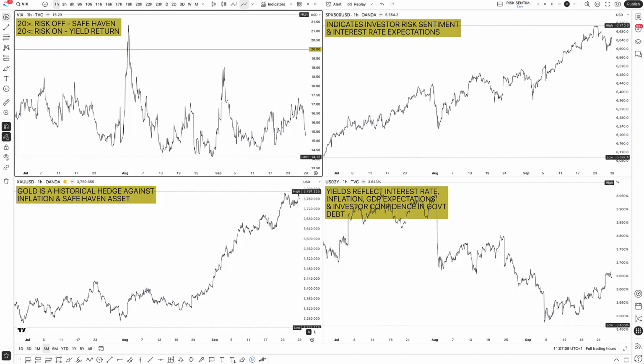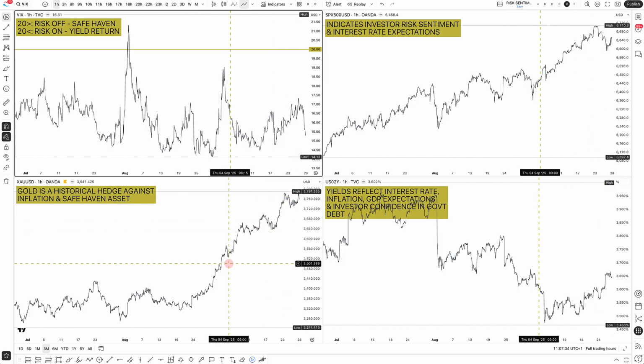So far, we're seeing the S&P and the VIX kind of confirm more of a risk-on environment. Gold, a historical hedge against inflation and safe haven asset, would typically indicate that we are in a bit more of a risk-off environment, as gold is a safe haven asset, and it is a hedge against inflation.